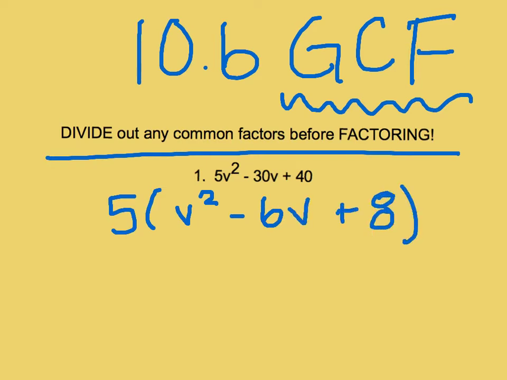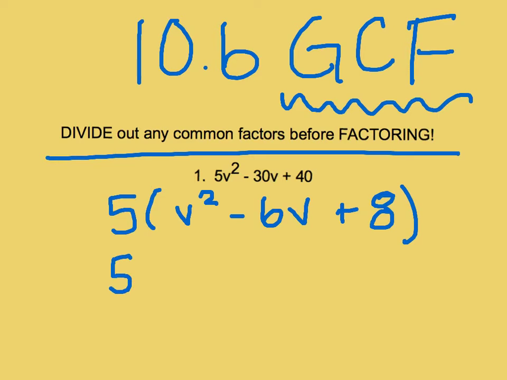Hopefully you can see that if I go ahead and distribute the 5, I will have the original trinomial, 5v squared minus 30v plus 40. Now I can go ahead and factor v squared minus 6v plus 8, but I can't forget about this 5 that's hanging out front.